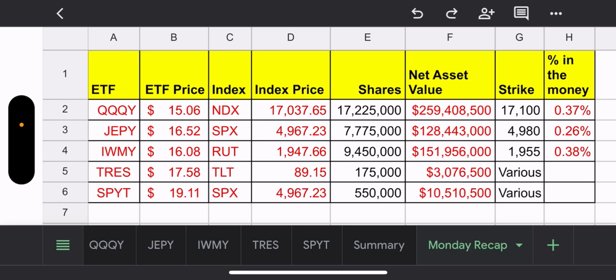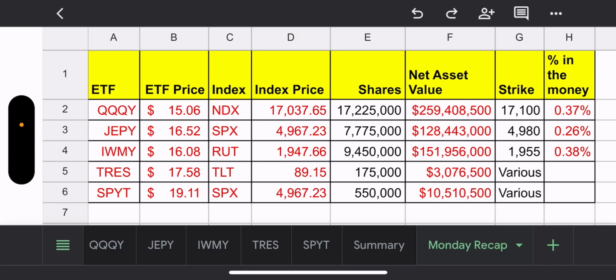And here's the Monday recap. For the Monday recap, all I do is include the strike for the top 3 funds. TRES and SPY-T have multiple, so I don't. The update is, net asset value wise, QQQY is still the largest fund, IWMY number 2, JEPY number 3, SPY-T number 4, and then TRES in last place. QQQY has a strike of 17,100. That's 0.37% in the money.